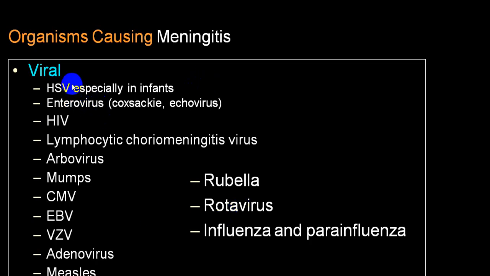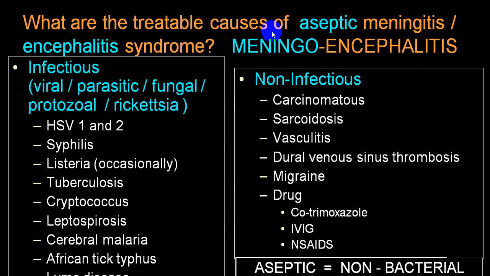So among viral, enterovirus, that is Coxsackie virus, HIV, then mumps, cytomegalo, Epstein-Barr, varicella zoster, measles, rubella, influenza, etc. are some of the common viral infections which you can come across. So all those viral infections we already mentioned.